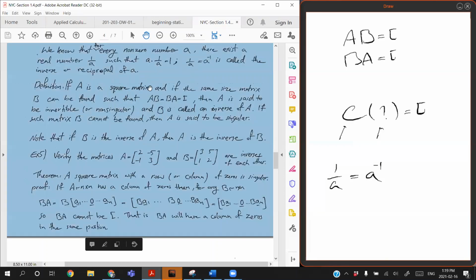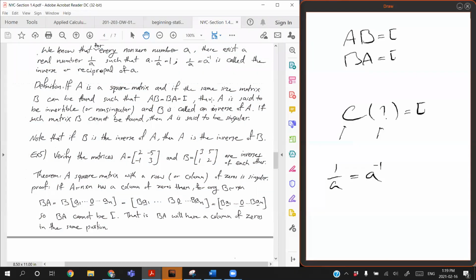So if A is a square matrix, and if the same size matrix B can be found so that AB is identity, BA is also identity, then A is said to be invertible, or non-singular, and B is called the inverse of A. And because this definition is symmetric, I hope you realize that automatically A is the inverse of B.